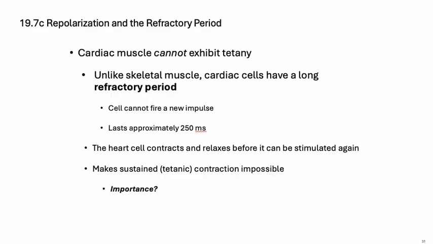What I mentioned a moment ago is this idea of something called a refractory period. A refractory period is essentially the time in which a cell cannot be stimulated again. For something like a neuron, the refractory period is the time in which another action potential cannot be generated.